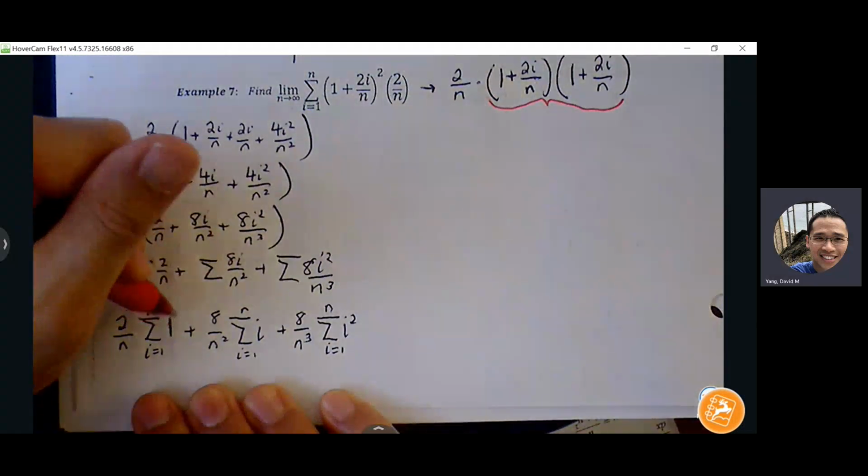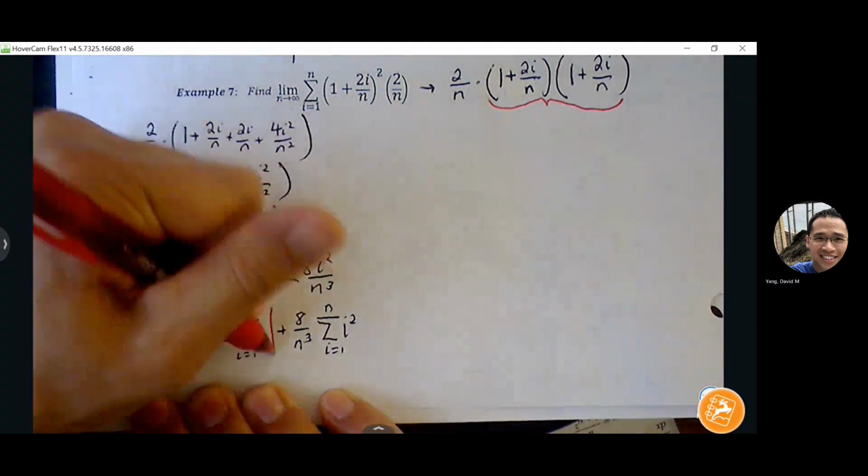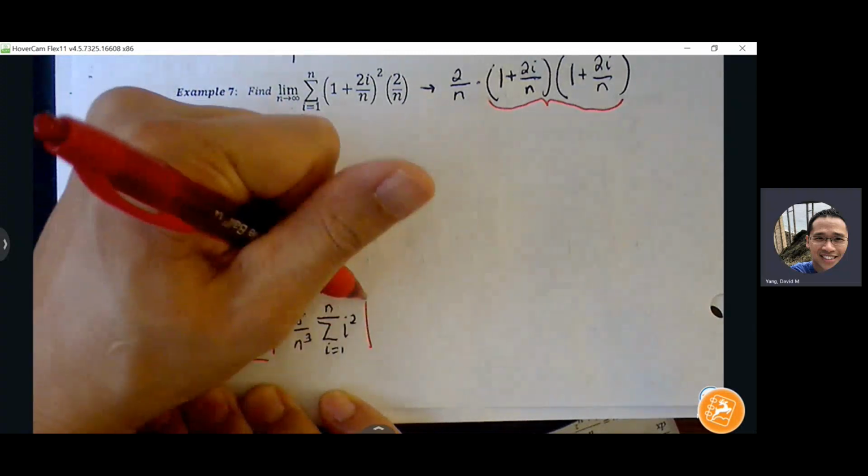So I now should be able to find the clean substitution for all these pieces from the previous page.